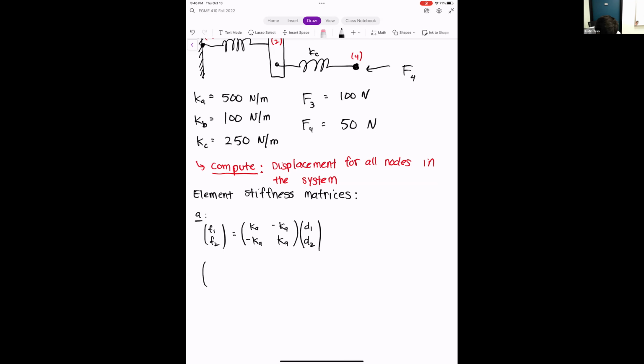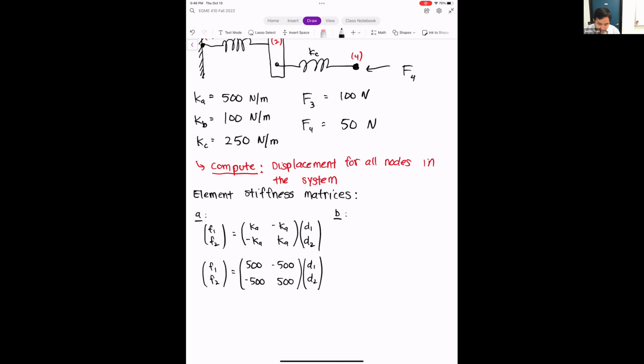Let's fill in the values for Ka. So F1, F2 is equal to 500, minus 500, minus 500, 500 times D1, D2. That's the element stiffness matrix for element A.